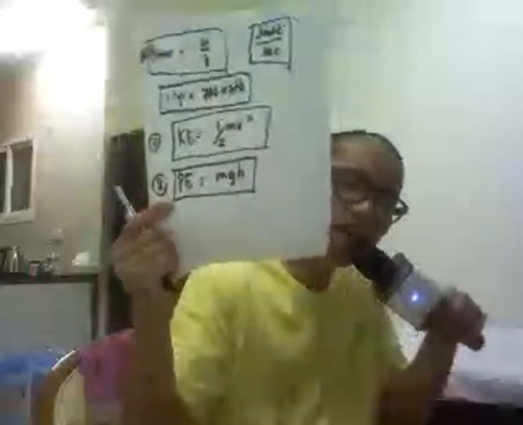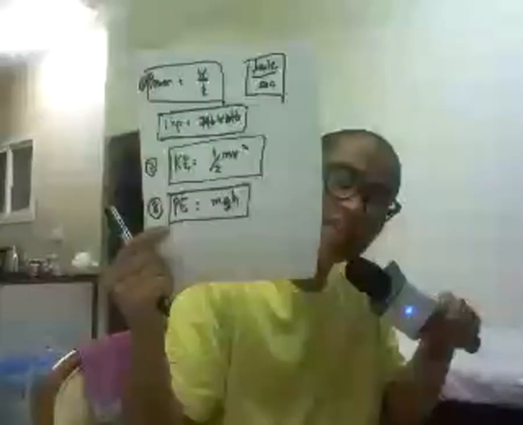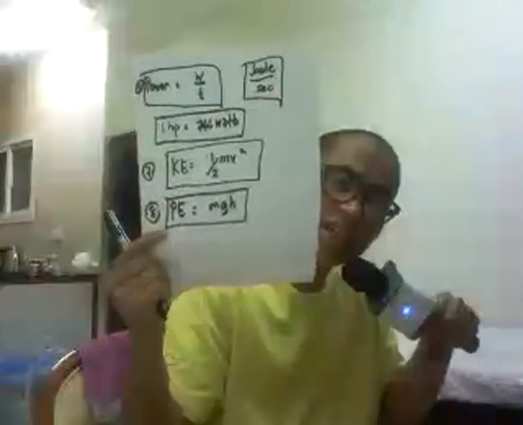Potential energy is equal to mgh. Okay. Potential energy is equal to mgh. Distance or height is not the horizontal distance.